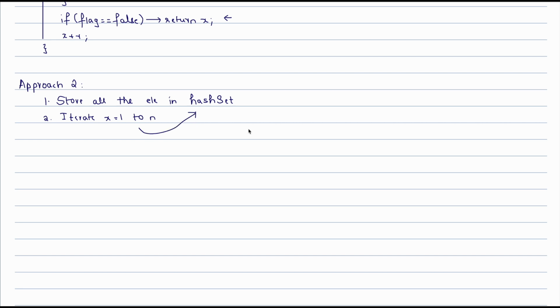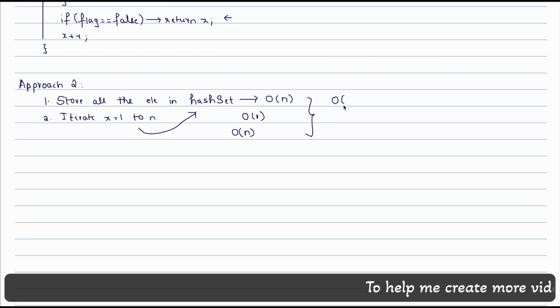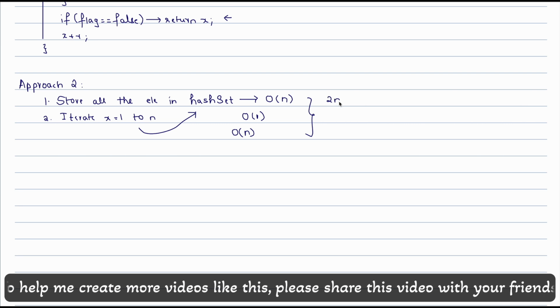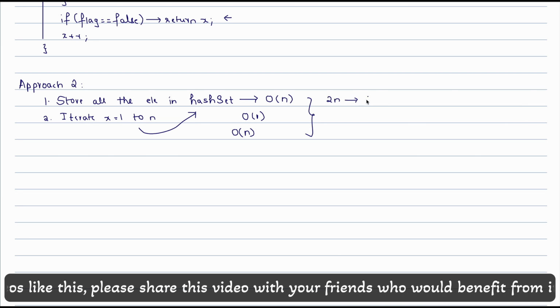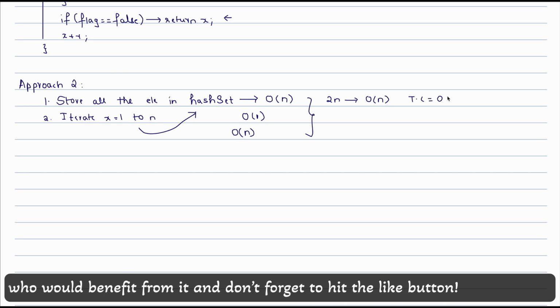Searching for one value takes a constant amount of time, but since we are searching for n values, it leads to order of n, and the first step is also order of n. Combining these two gives 2n, which boils down to order of n. So the time complexity will be order of n.